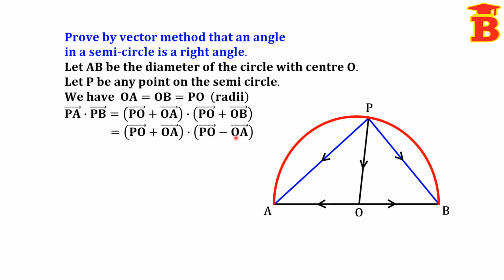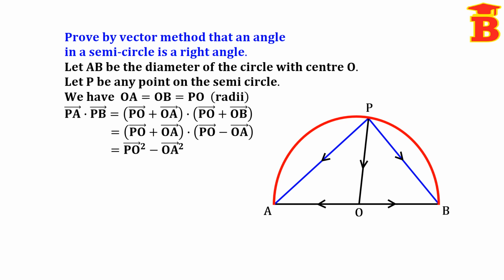And remember this step, we have to write the second bracket same like first bracket. So in first bracket we have OA vector. So this also we have to write it in terms of OA vector. Then only next step we can use the formula. Now we can use the formula A plus B into A minus B. That is A square minus B square.